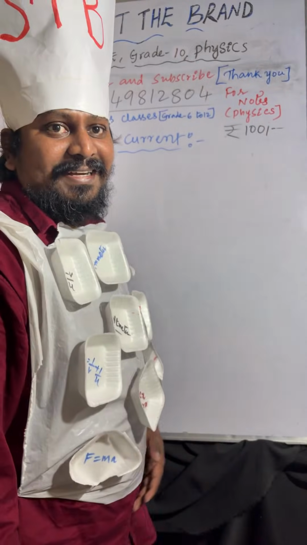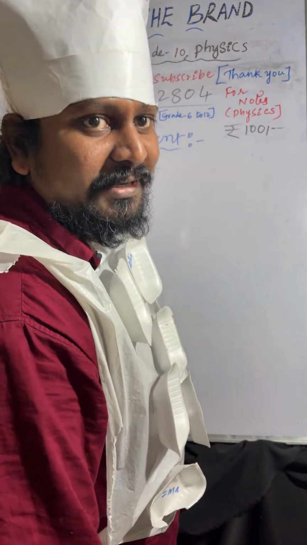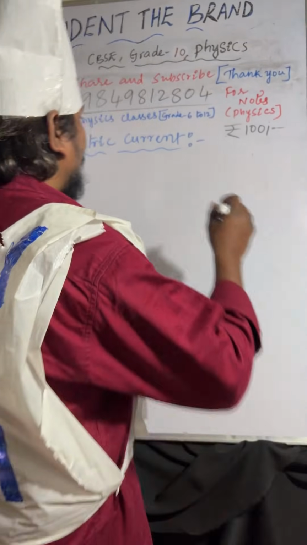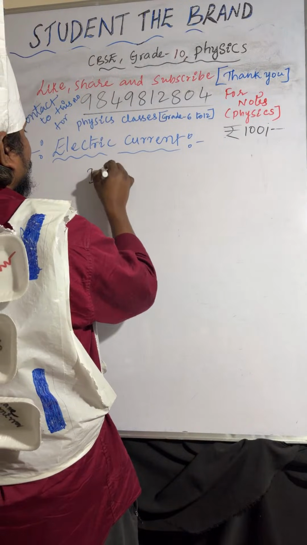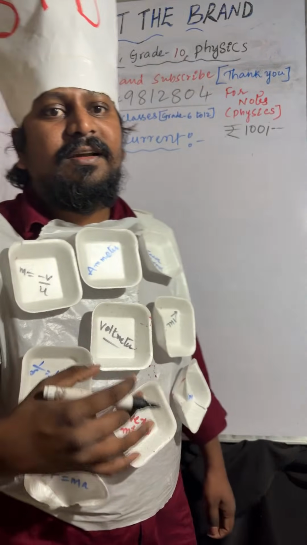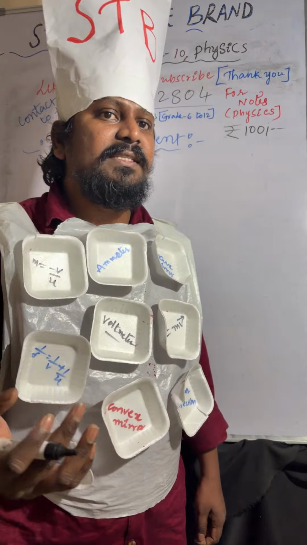So electric current is nothing but the rate of flow of charge. I equal to Q by T. The SI unit of current is ampere, the SI unit of charge is coulomb, and the SI unit of time is second.